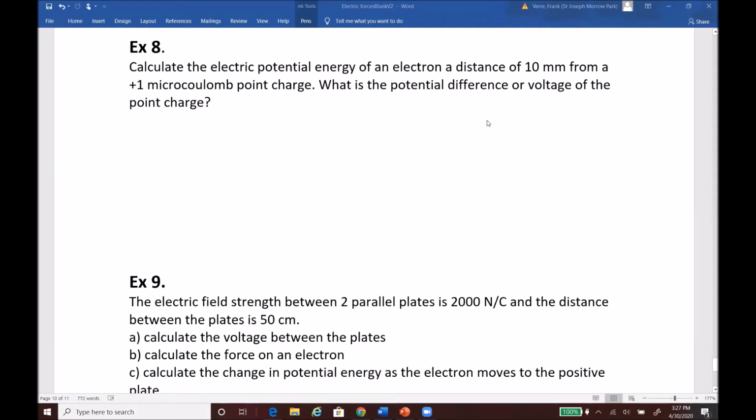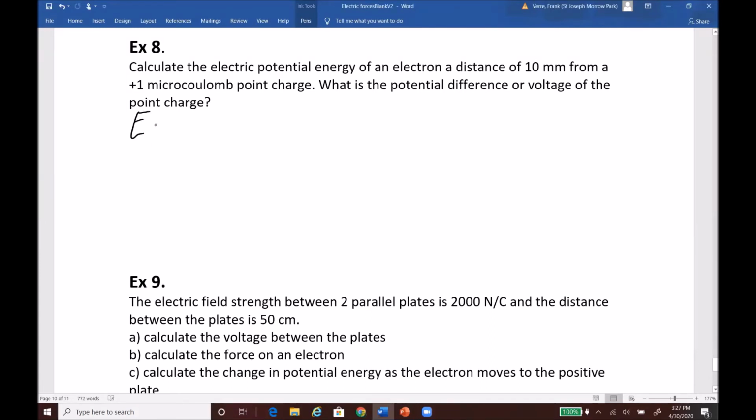Okay, number 8, we're going to calculate the electrical potential energy of an electron at a distance of 10 millimeters from a +1 microcoulomb point charge. And then the second part of the question is, what is the potential difference or voltage of the actual point charge itself? Okay, so for the first part, we could use the equation for electrical potential energy.